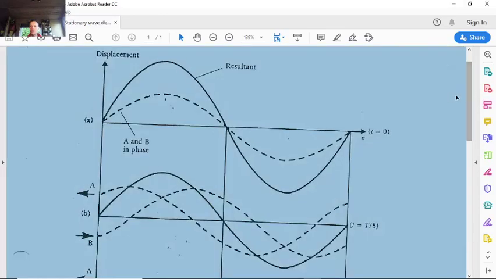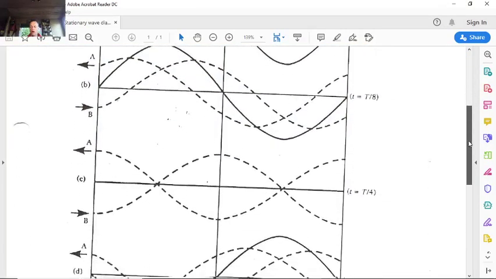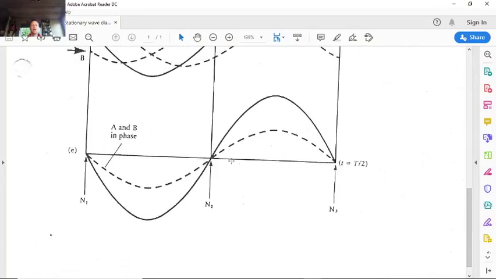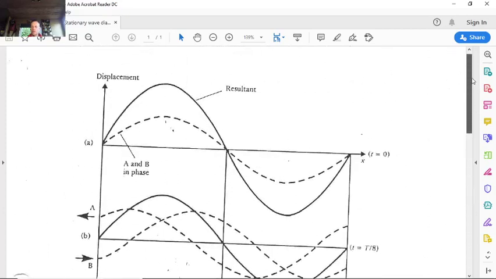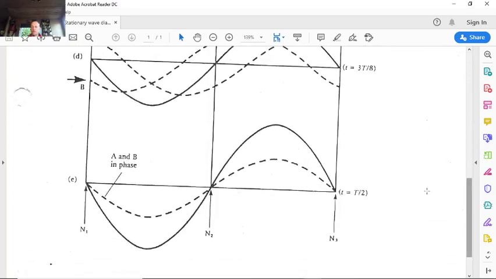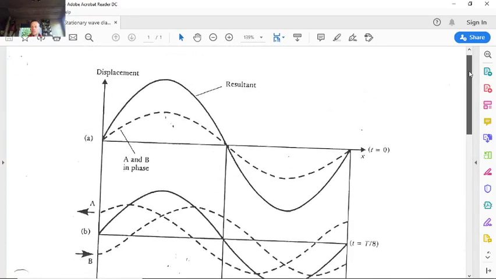If you then go through half a time period, so halfway through a cycle, won't it then be going down here and going back up again? In other words, it started with the left-hand side being an antinode here, going down to an antinode, and a whole half cycle later, it will look like that. And they do ask you how standing waves change in time.